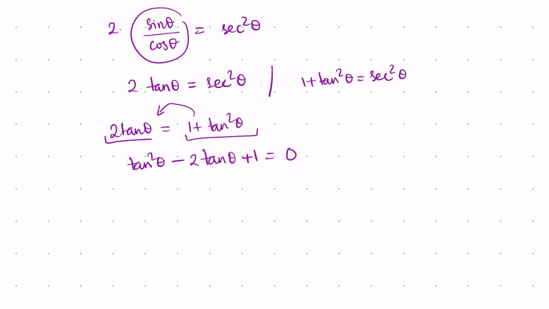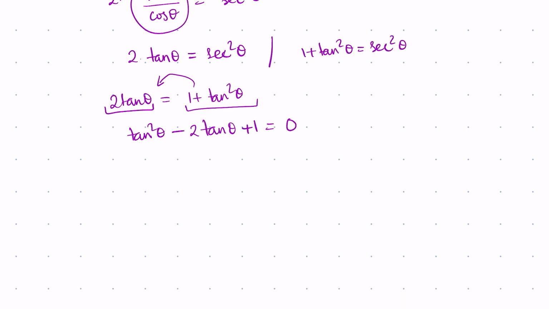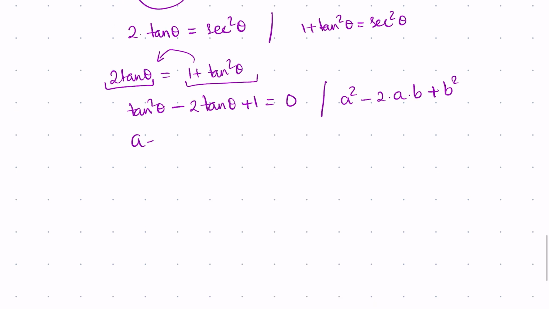This is of the form a squared minus 2 times a times b plus b squared, which is nothing but a minus b whole squared.